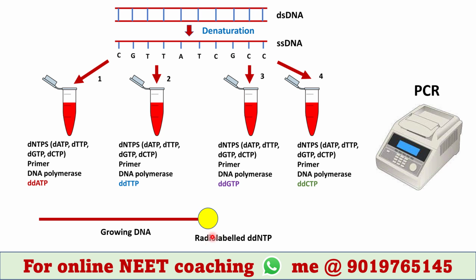Since ddNTP is radio-labeled, we can detect ddNTP easily. Since very little amounts of ddNTPs are used, DNA synthesis will not terminate every time. But once ddNTP gets inserted in the growing strand, DNA synthesis stops.